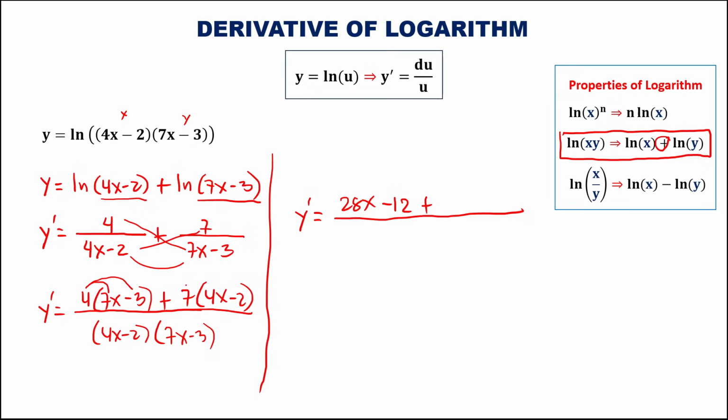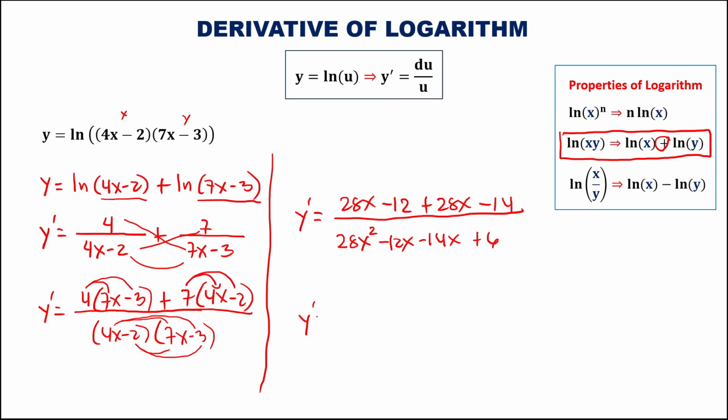Then plus 7 times 4x is 28x, and 7 times negative 2 is negative 14. Then for the denominator, 4 times 7 is 28x squared, 4 times negative 3 is negative 12x, negative 2 times 7 is negative 14x, and negative 2 times negative 3 is positive 6.